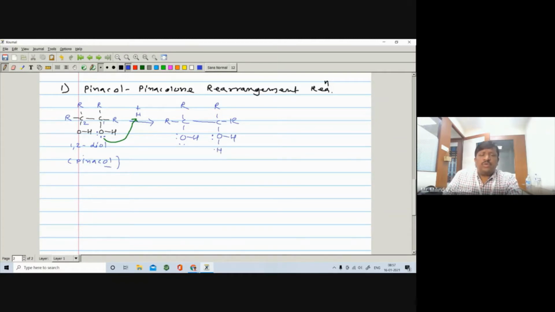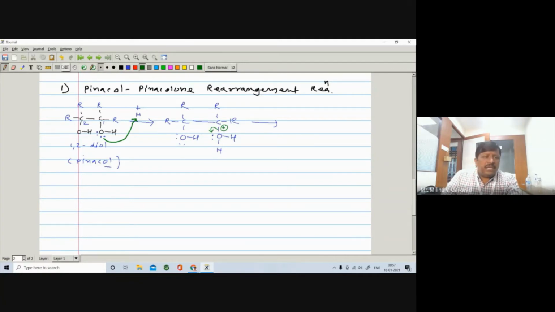As oxygen gives a lone pair, the oxygen carries a positive charge. Now you have to neutralize this positive charge. So what happens? The sigma bond between this carbon and oxygen will open on the oxygen side, because oxygen is carrying the positive charge.